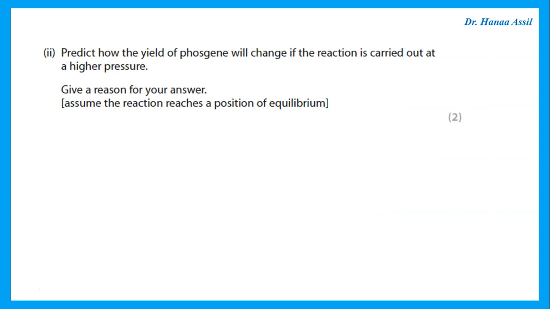Predict how the yield of phosgene will change if the reaction is carried out at higher pressure. Okay, this was the reaction again. Now, when we increase the pressure, what happens to the point of equilibrium? We said increasing the pressure causes the reaction to go to the side with less number of moles. We're not looking here for endo or exo.